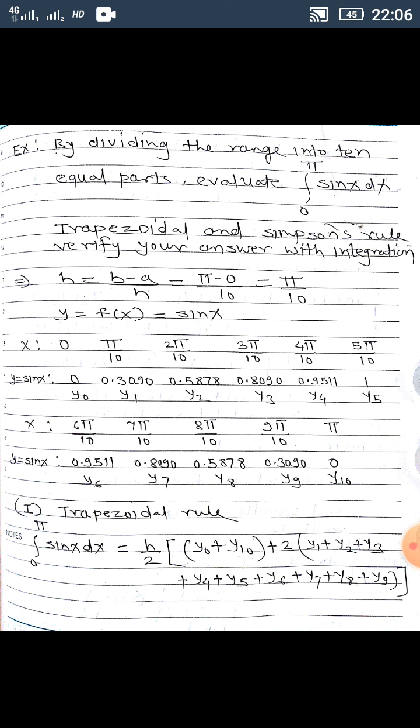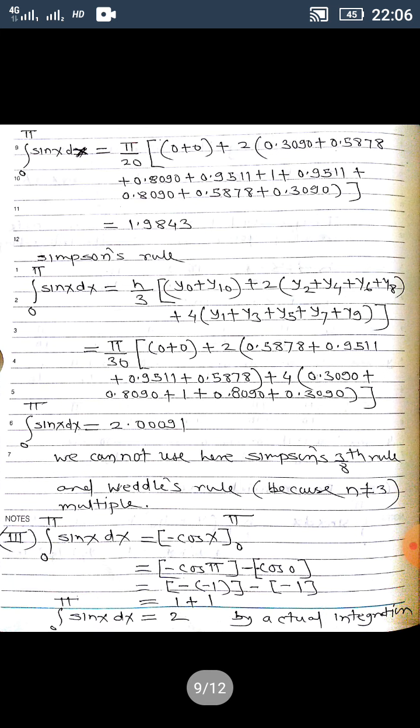Now using the trapezoidal rule, we find the value. The integral from 0 to pi of sin x dx is h by 2 times first and last, y0 plus y10, plus 2 times the rest of the y values: y1 plus y2 plus y3 plus y4 plus y5 plus y6 plus y7 plus y8 plus y9. Now we substitute the values. Pi by 10 upon 2 is pi by 20.